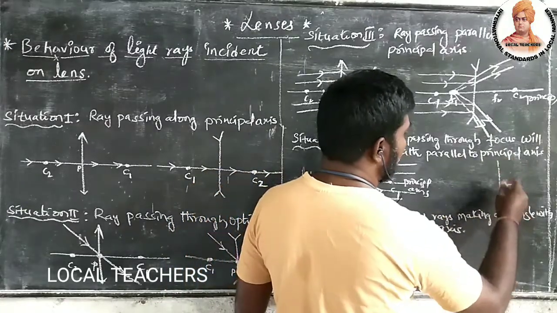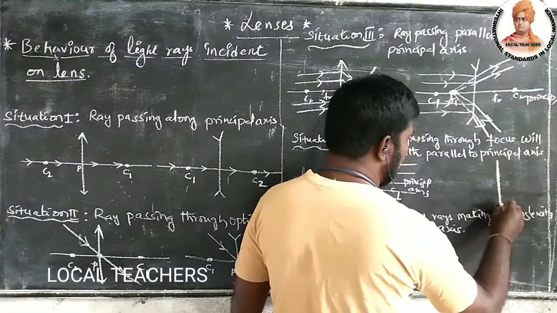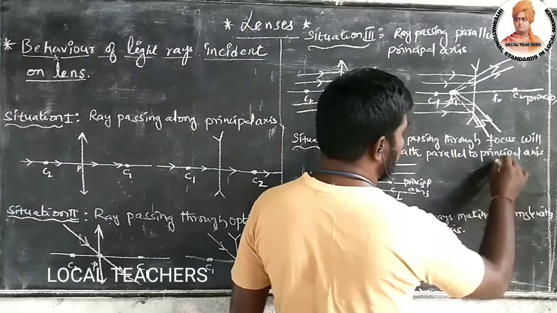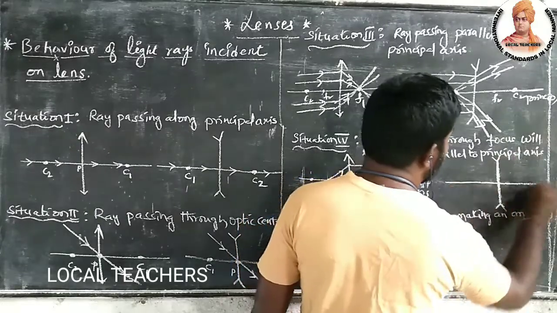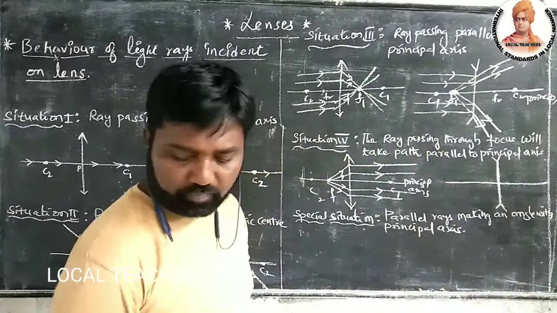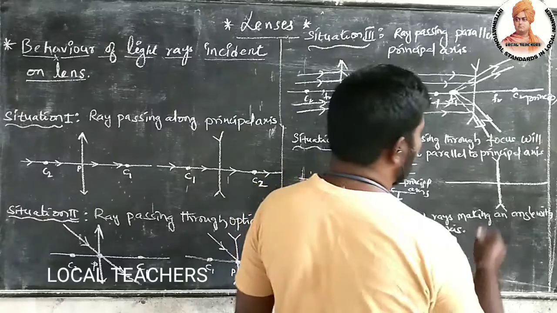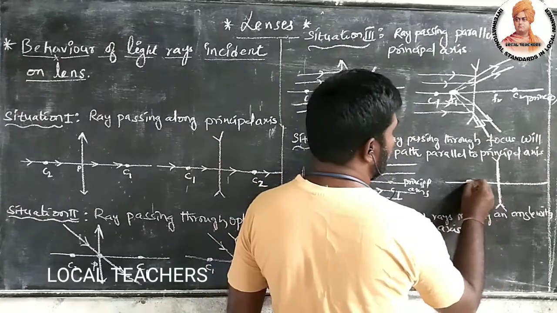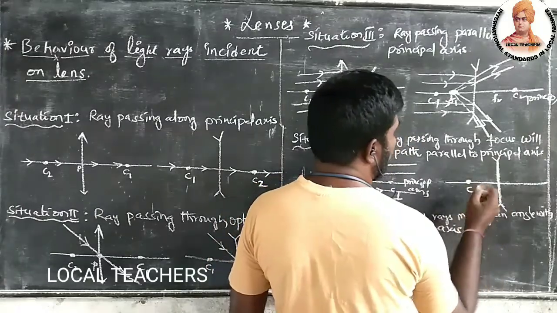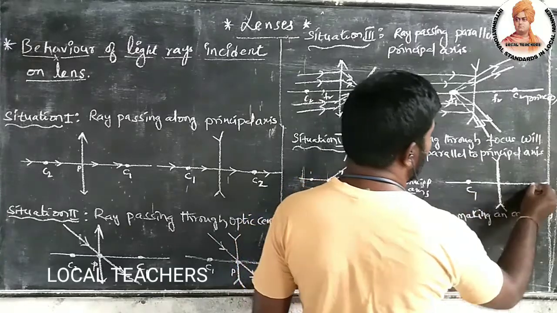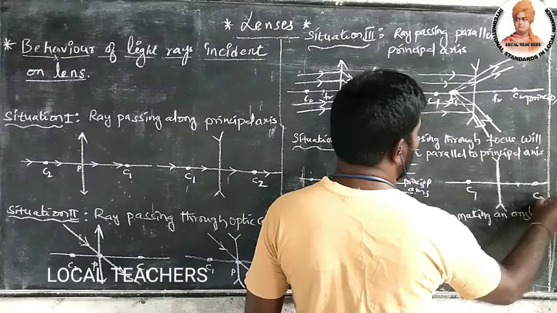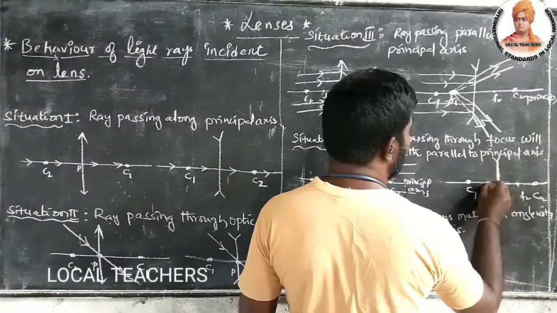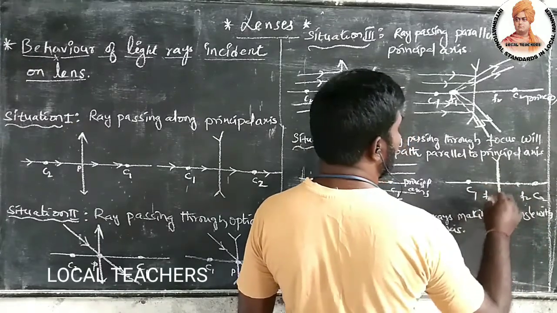Next we draw this for a concave lens. This is a concave lens and this is the principal axis. Here this is the center C1 and this is C2, this is F2 and this is F1.